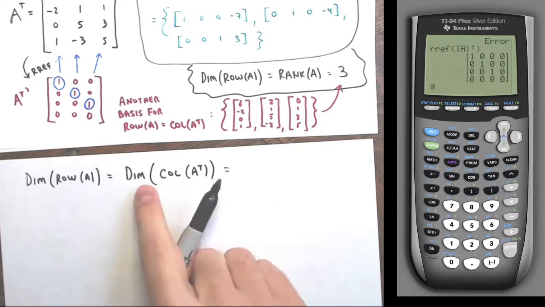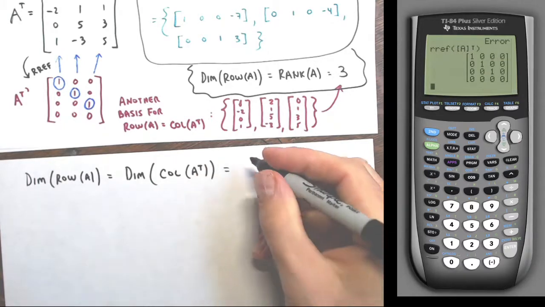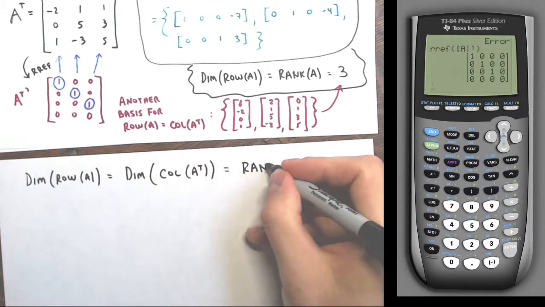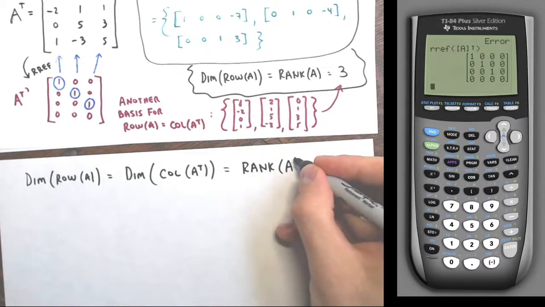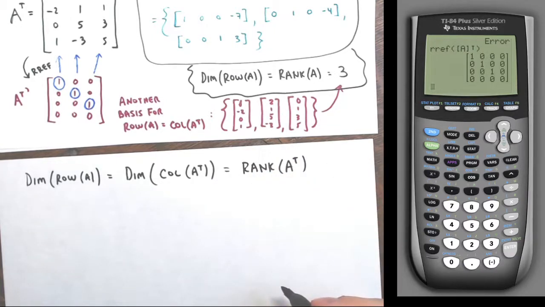Well, remember, the dimension of the column space of a matrix is called the rank. So this is the same thing as the rank of A transpose.